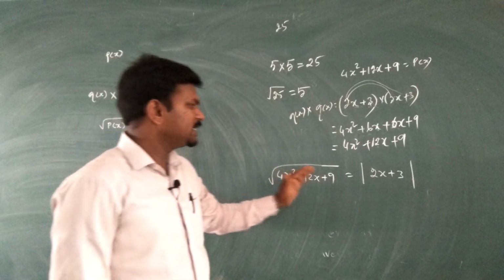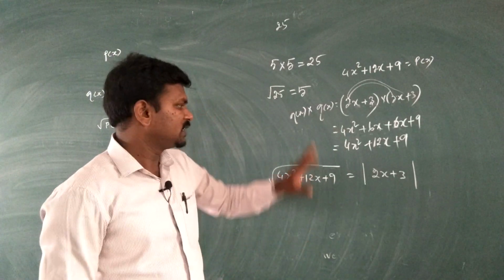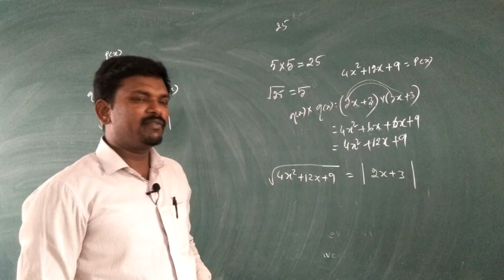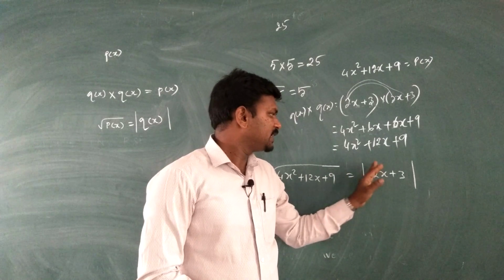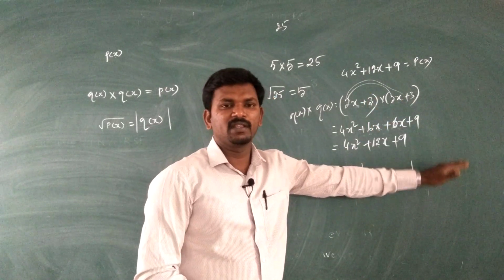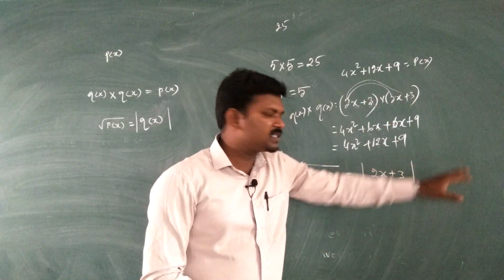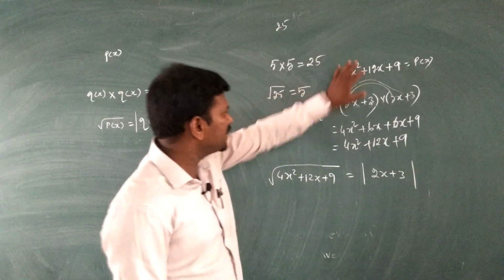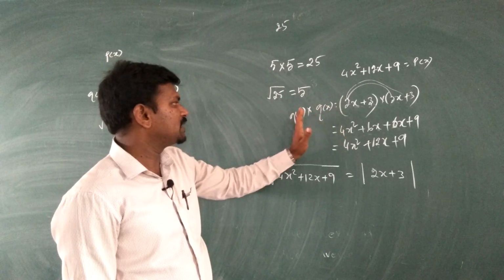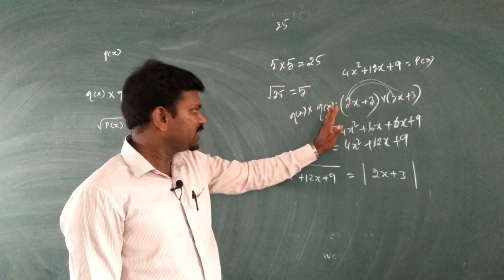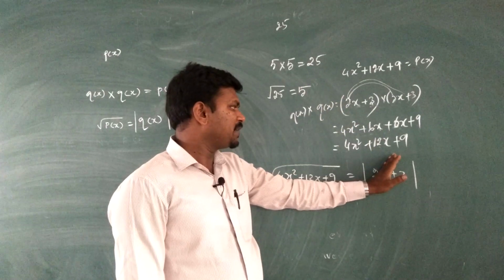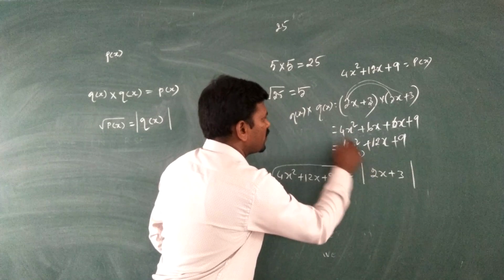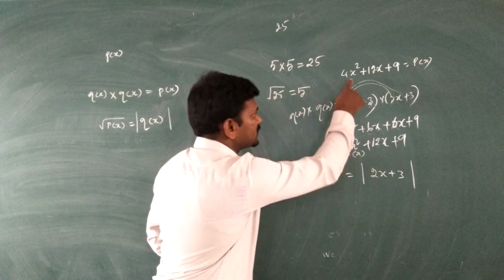So it's a very simple concept. If we multiply a polynomial by itself and it gives the given polynomial, then that polynomial is the square root of the given polynomial. Here this is the given polynomial, this is another polynomial. When we multiply q of x by q of x, it gives p of x.